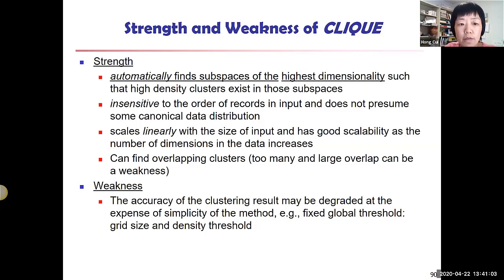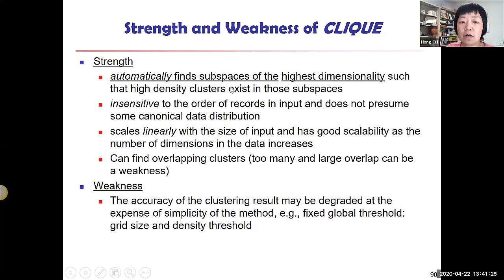So the strengths: for the first person to think of this idea, I think that was very, very smart. It automatically finds subspaces where the data clusters. It's insensitive to the order of the records. How you input it doesn't really matter, right?